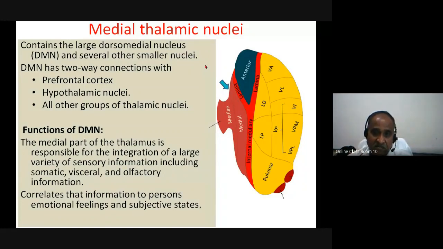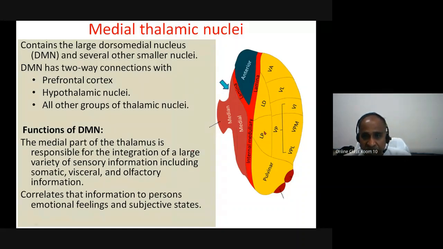For example, if a painful sensation is there, we have a behavior about the pain: rejection or aversion, or a fear or a phobia, and all those emotional parts.